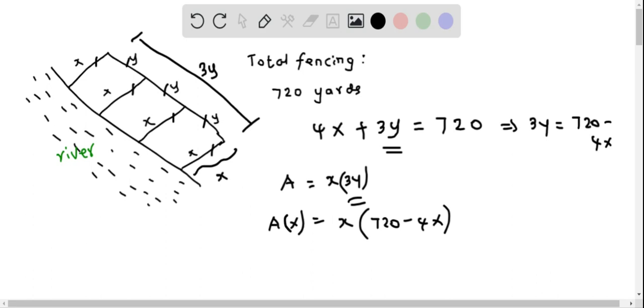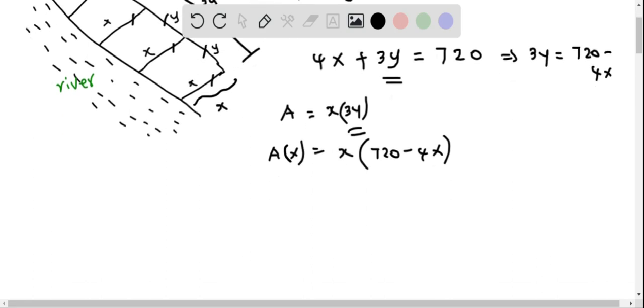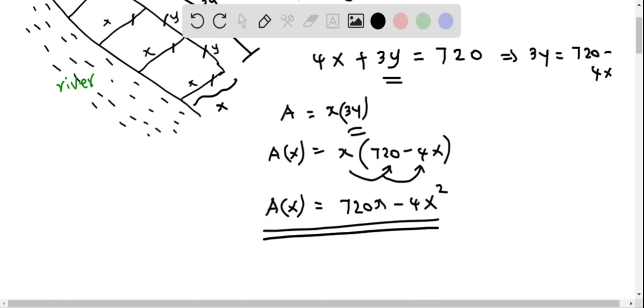So we have the area function A(x) equals x times (720 minus 4x). We can simplify this by distributing the x into the two terms inside the bracket. Therefore this becomes 720x minus 4x squared. So this is the area function which we have to maximize.